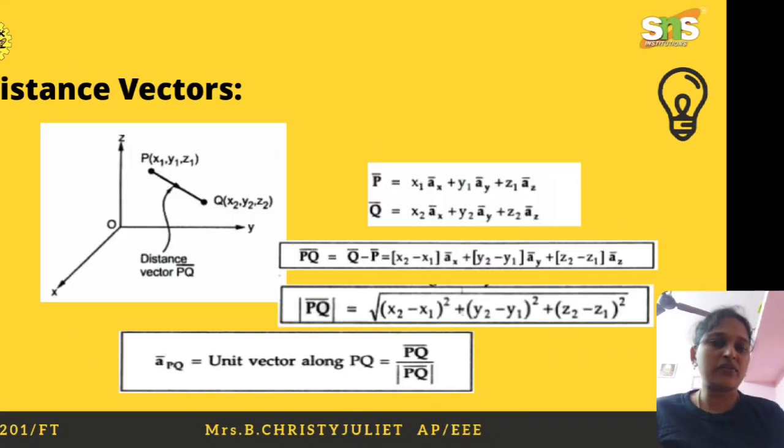And now we can see the distance vector. You have two points, two position vectors, and if you find the difference between these two, you will get the distance vector.